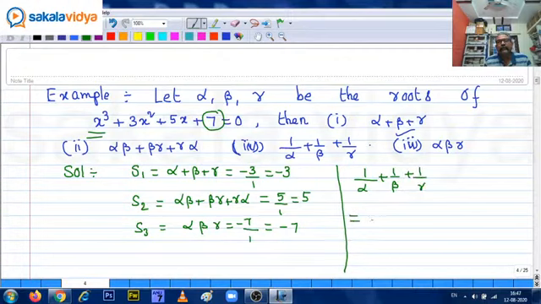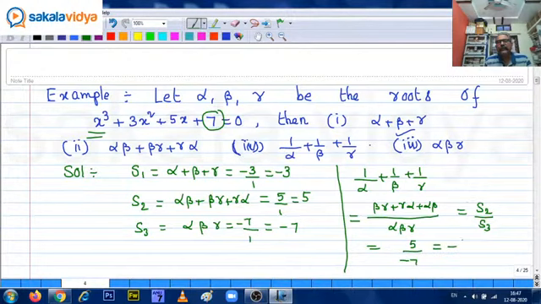Here we can take the LCM, alpha beta gamma. This becomes beta gamma plus gamma alpha plus alpha beta over alpha beta gamma, which is nothing but S2 upon S3. So S2 is 5, S3 is minus 7. So minus 5 upon 7. So like that we can find out. Okay, I hope everybody understands this one. Right.